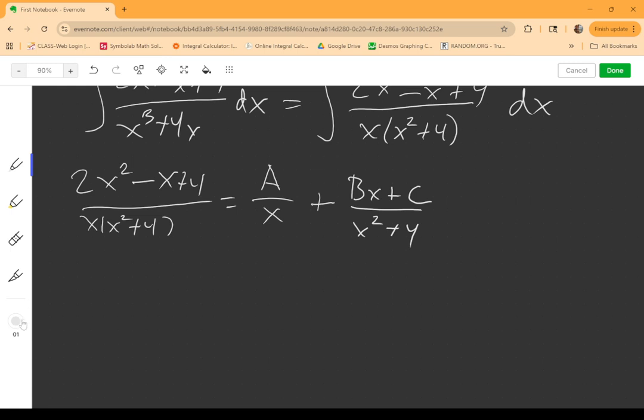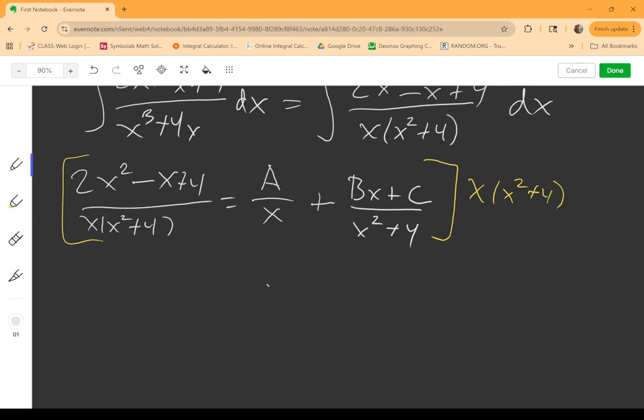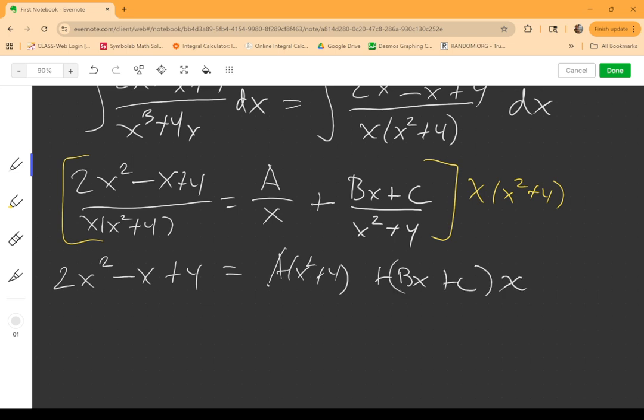So again, this process is the same as before, where we start by multiplying through by the common denominator, which is x times x squared plus 4. If I multiply through on the left, I'm left with 2x squared minus x plus 4. And on the right, we have a times x squared plus 4, and then plus bx plus c times x.